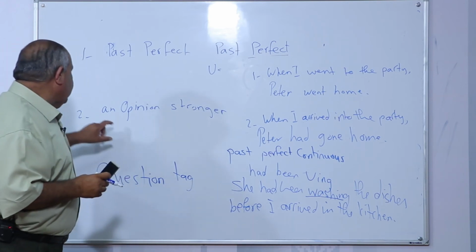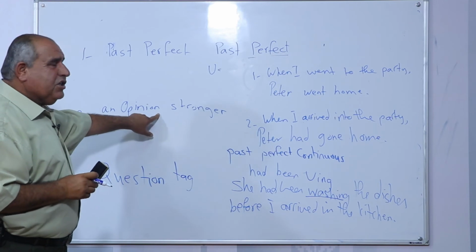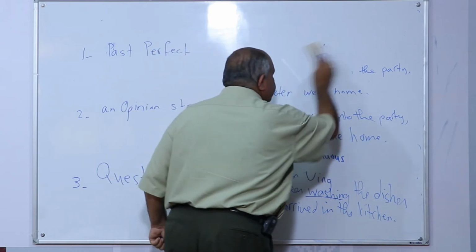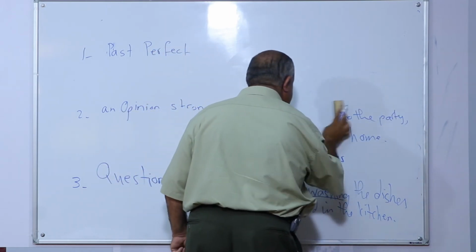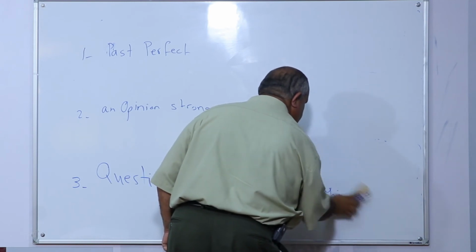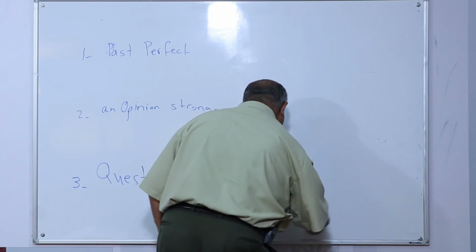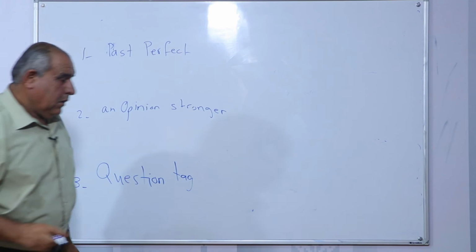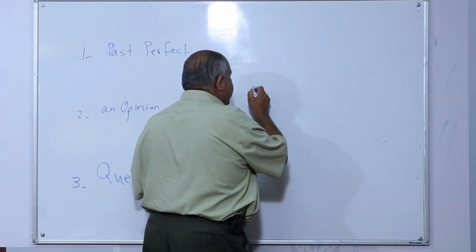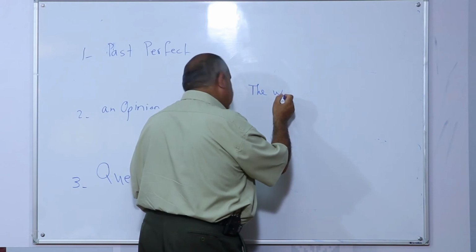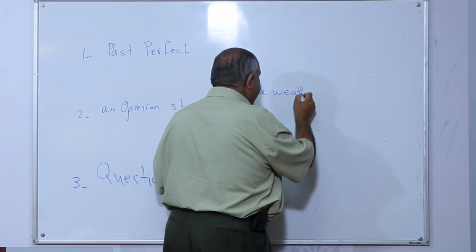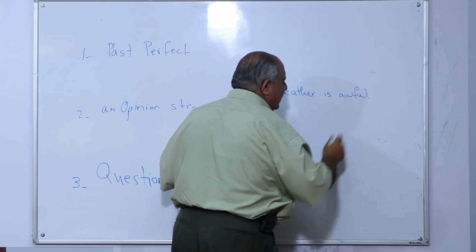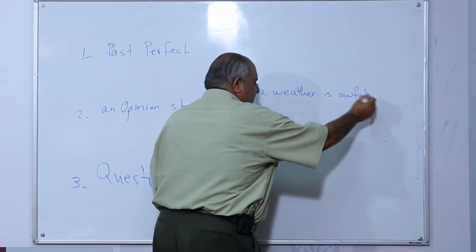Now we will move to point number 2, which is how to make your opinion stronger. We say the weather is awful, which means it's very hot, maybe stormy and sandy and so on.